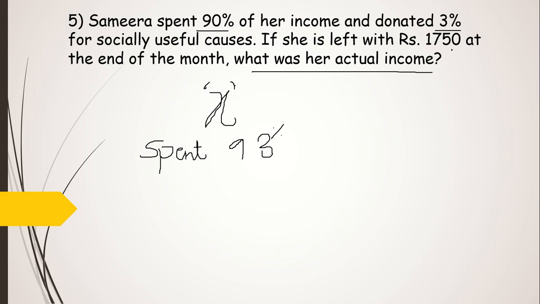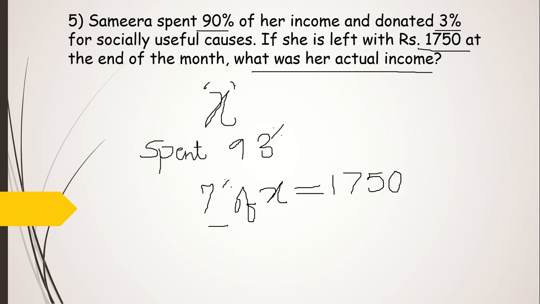Okay, now after that she is left with the money 1750. Now here 93% is spent. So how much is left with her? 7% of the salary, that is 7% of X. 100 minus 93 is 7, right? So 7% of the salary is left. So 7% of X is 1750.